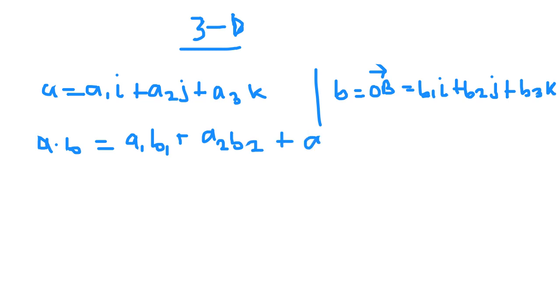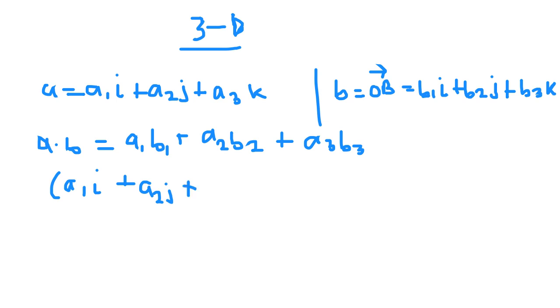So how do we do this? We want to do a dot product between A and B. So we have A1I plus A2J plus A3K, and we're going to be using the properties we have just studied.